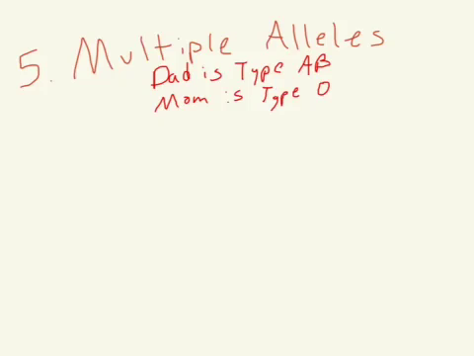For our college prep guys, this is the last one we're going to go over. So in this, for multiple alleles, we said we're going to be talking about blood typing.